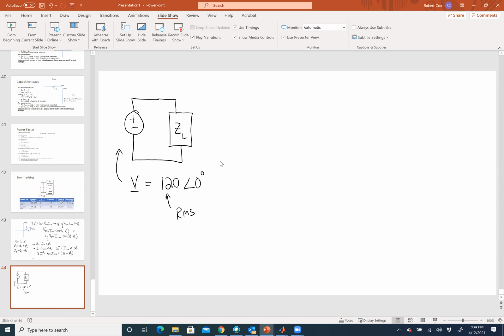And let's say this load here is 1,000 watts and 100 VARs.